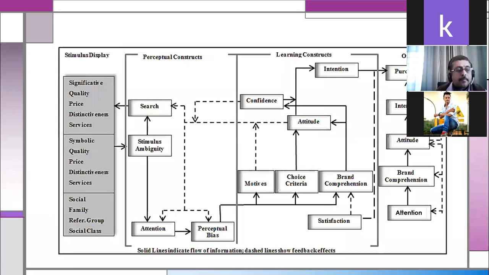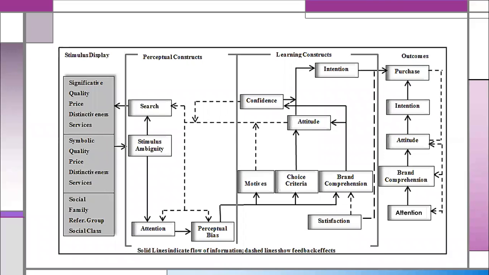Yes, sir. Perceptual biases are the information which the consumer is not sure about. And later, after that, learning constructs are the motives for which the consumer is trying to purchase the product, or the choice criteria.